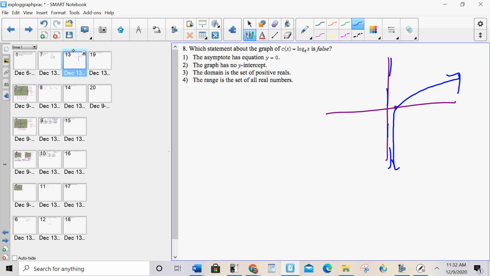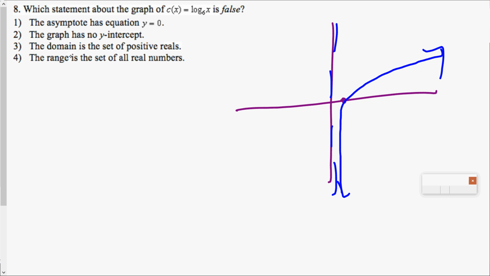So, choice 1, the asymptote has an equation y equals 0. Well, since this is a vertical asymptote, this is x equals 0, so this is not true. The graph has no y-intercept. That's correct. There's an asymptote at the y-axis, so it never hits the y-axis. The domain is the set of positive real numbers.